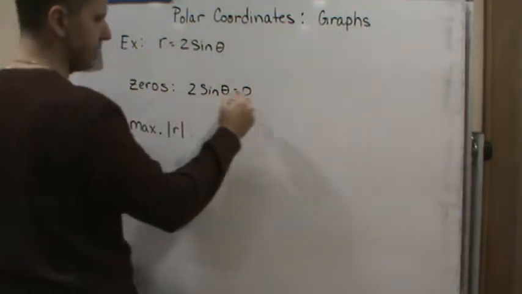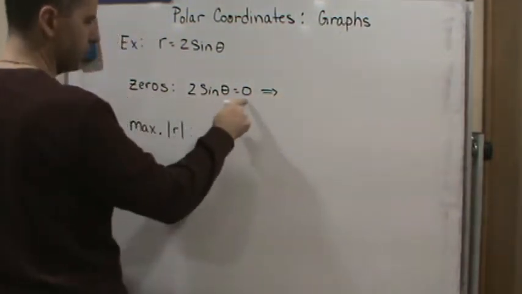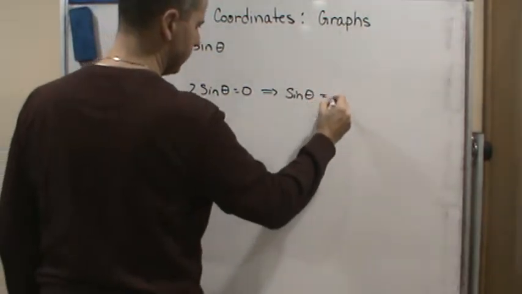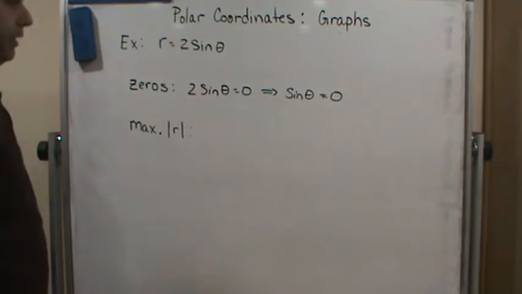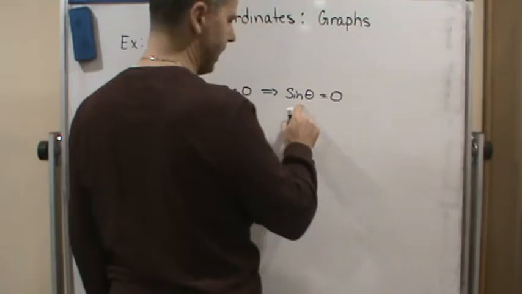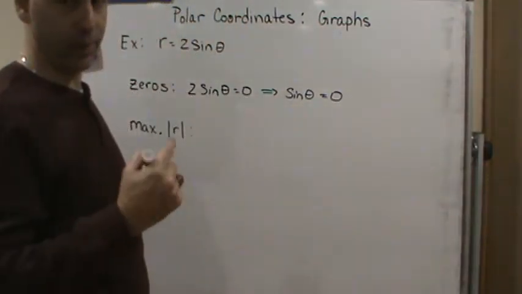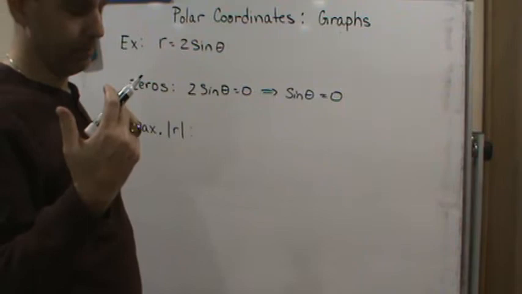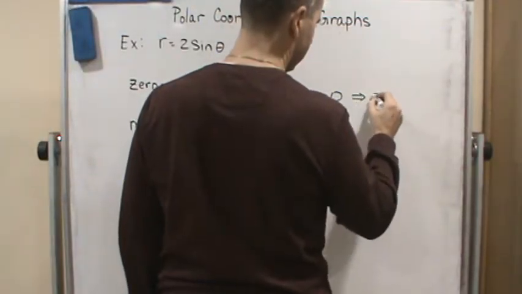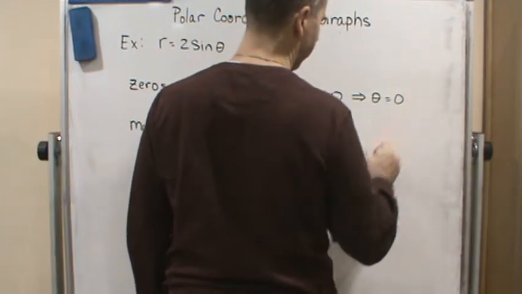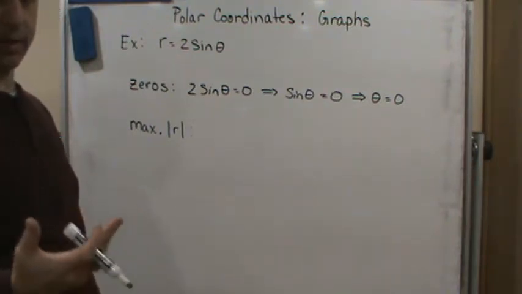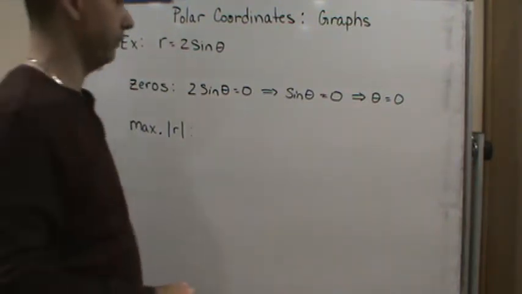Okay, and of course this is equivalent because if we divide both sides by 2, we get sine theta is equal to 0. So when is sine of theta equal to 0? Well, we know that sine is equal to 0 whenever theta is equal to 0, or any multiple of pi, plus or minus any multiple of pi.